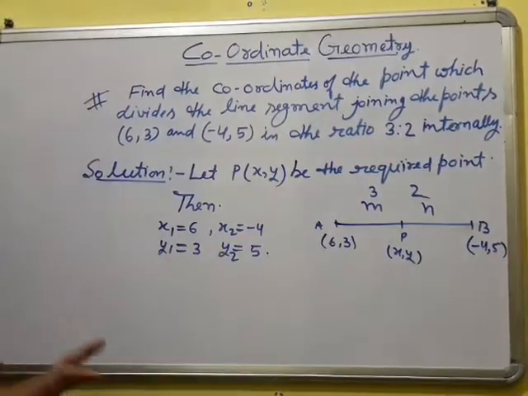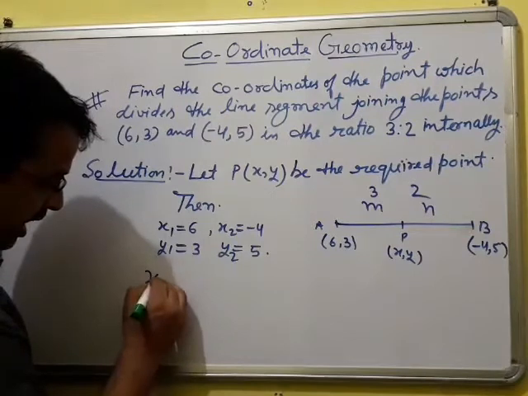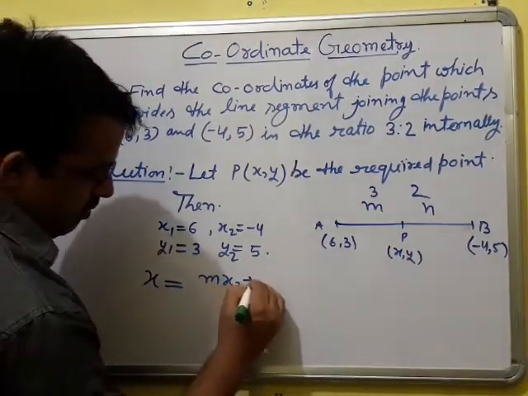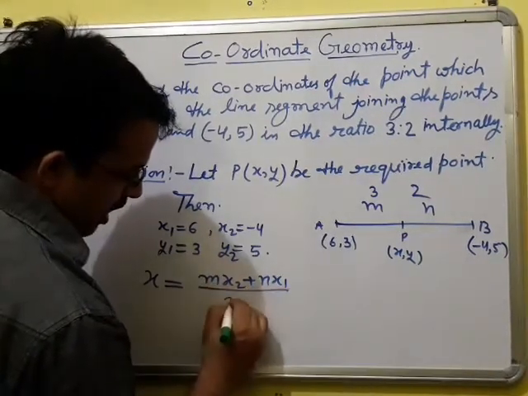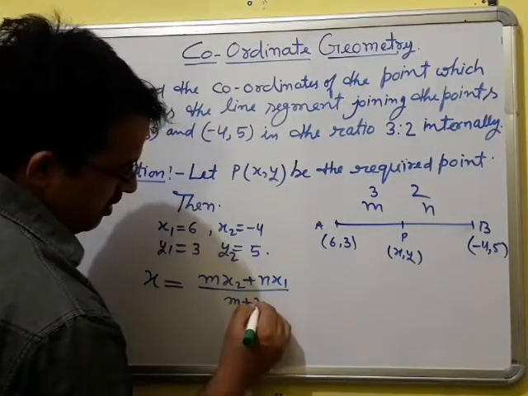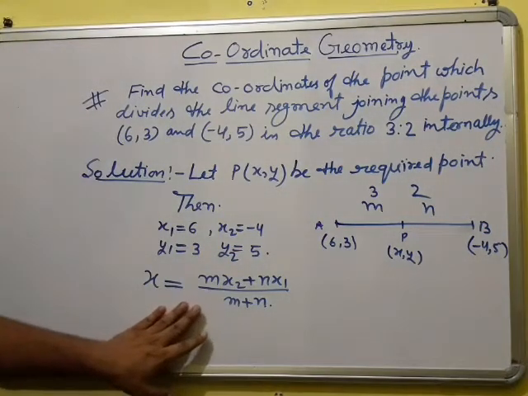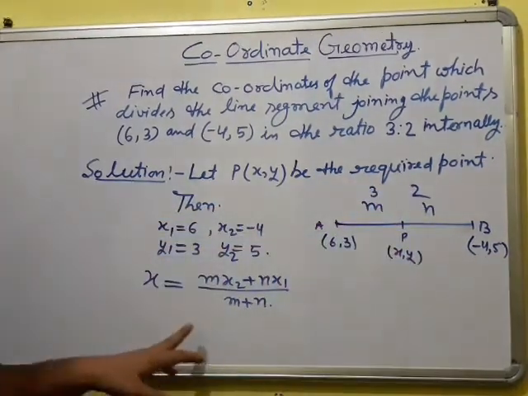Okay, so first we use the section formula: x is equal to (m x2 plus n x1) by (m plus n). Clear? Now m is equal to 3, n is equal to 2.